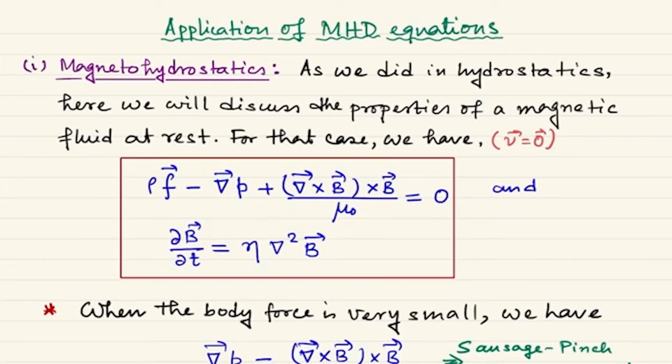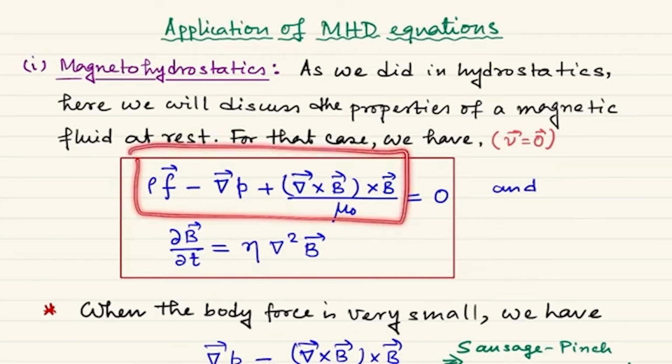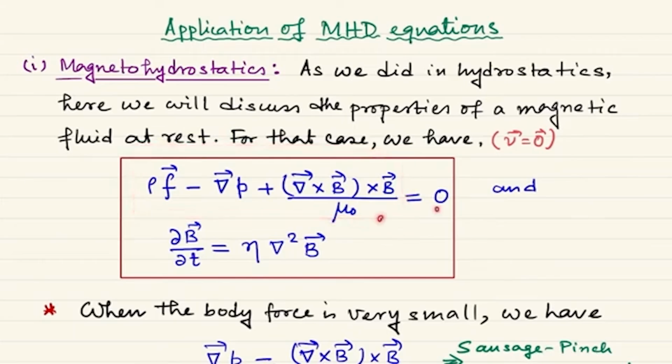And all three forces, body force, pressure gradient force, and the Lorentz force, balance each other, giving a net contribution of 0.